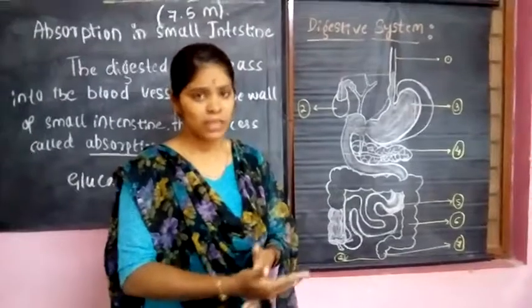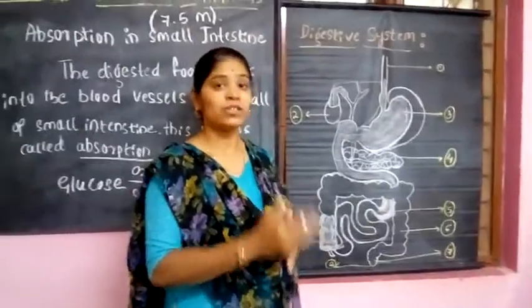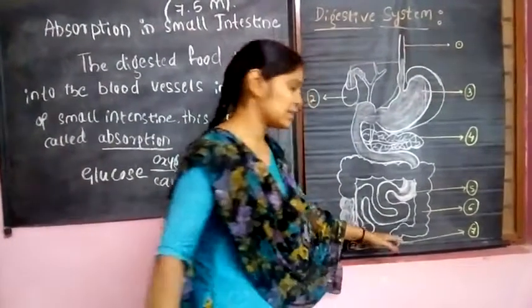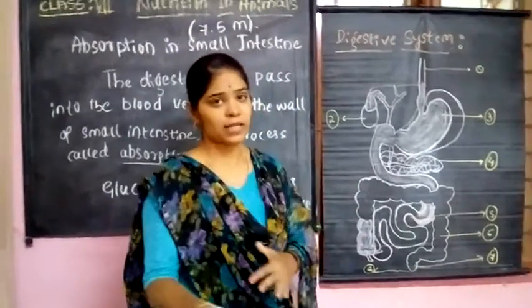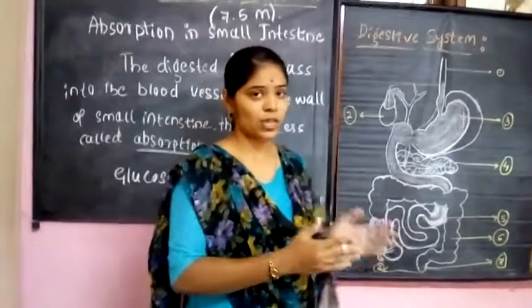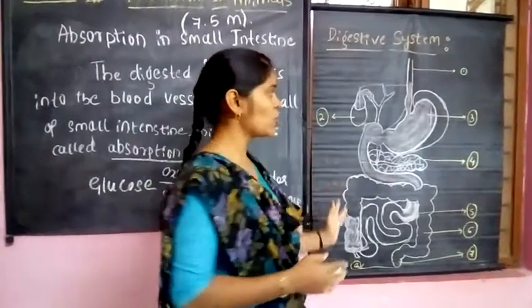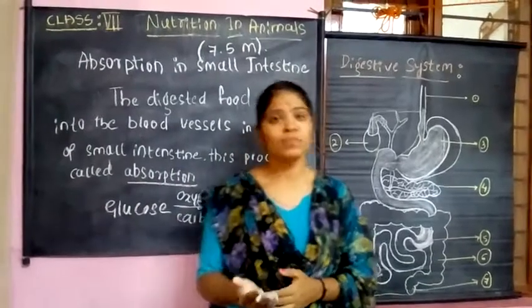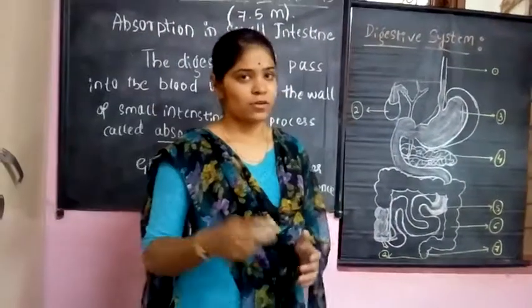The fecal material is nothing but the unwanted waste that is not digested. Through the rectum and the anus, the unwanted materials are excreted, and this process is called egestion. So this is all about the human digestive system. If you have any doubts, you can ask me. Okay, thank you.